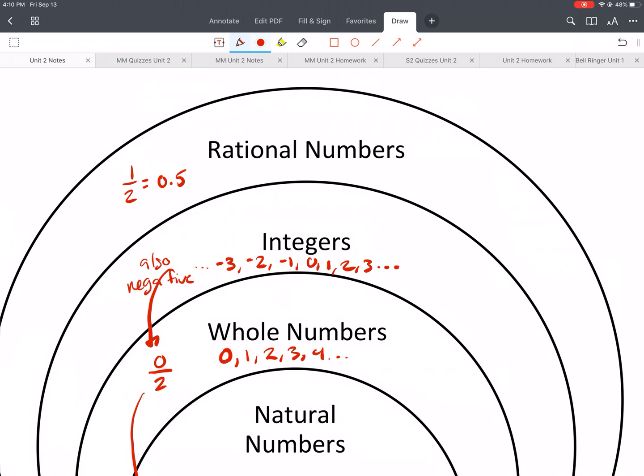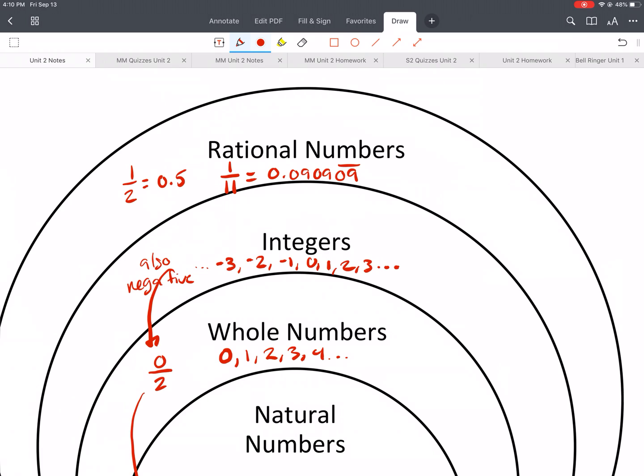All right. Another example could be something like 1 over 11, which is a fraction. But maybe the problem doesn't give you the 1 over 11. Maybe they give you something like 0.090909, and with a bar on top, which tells you it keeps going forever. All right?